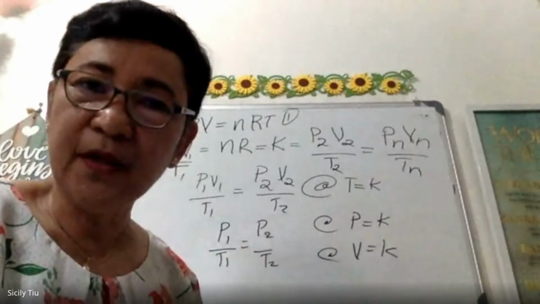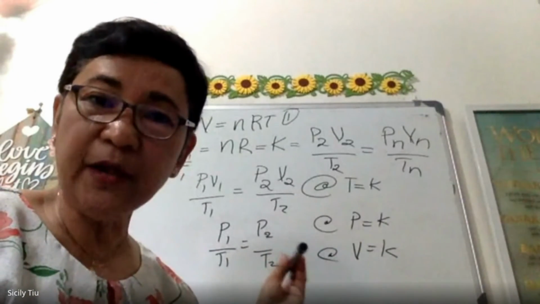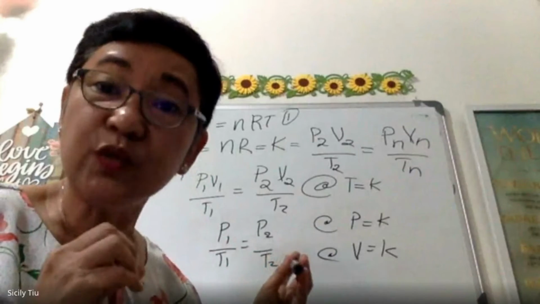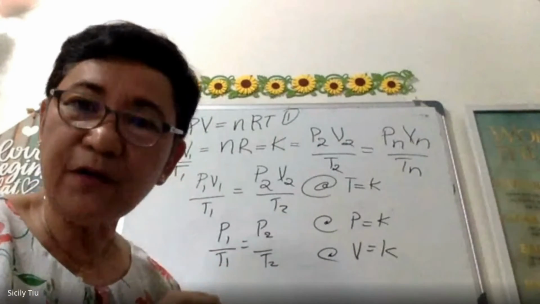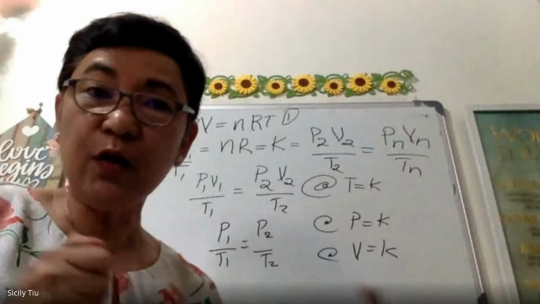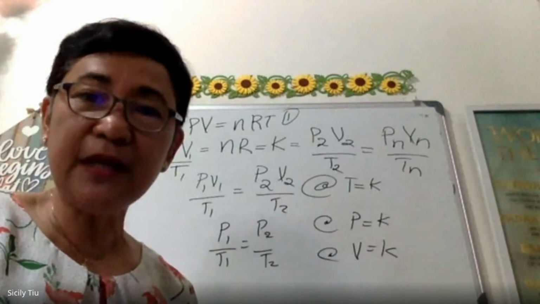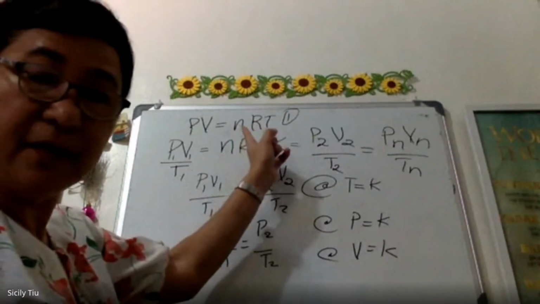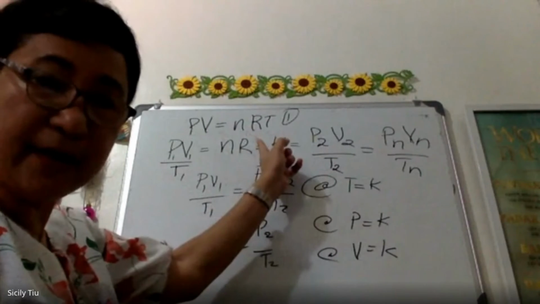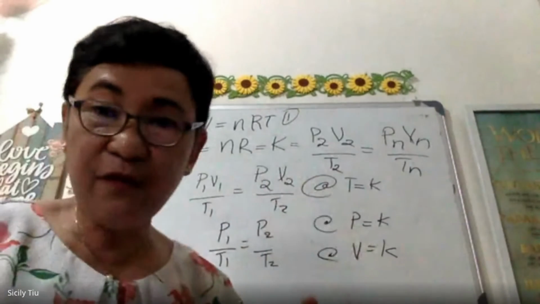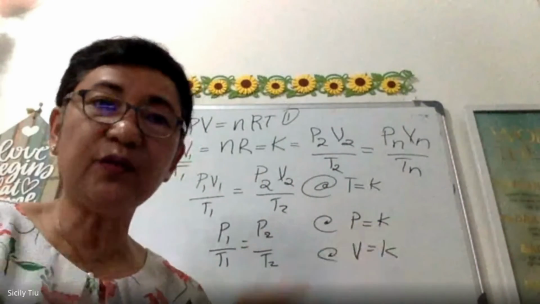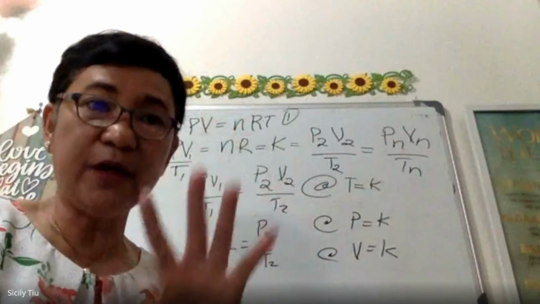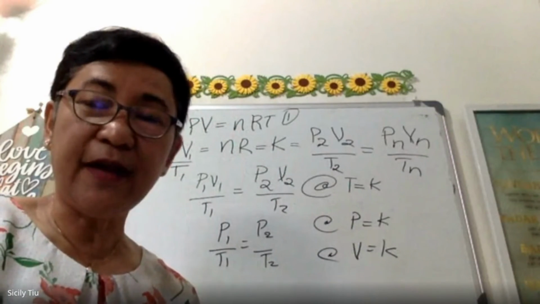Okay. My whiteboard is small, I do hope you were able to follow. So, therefore, the conclusion, let me say this: from PV is equal to nRT, you can derive a total of 5 equations. Alright?